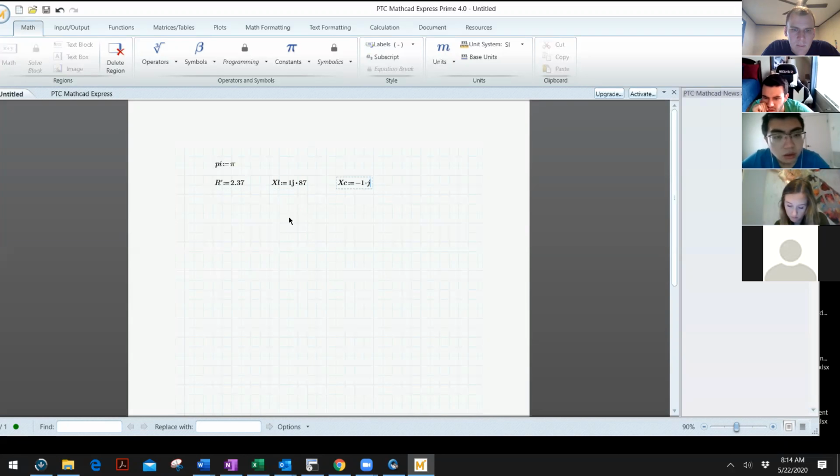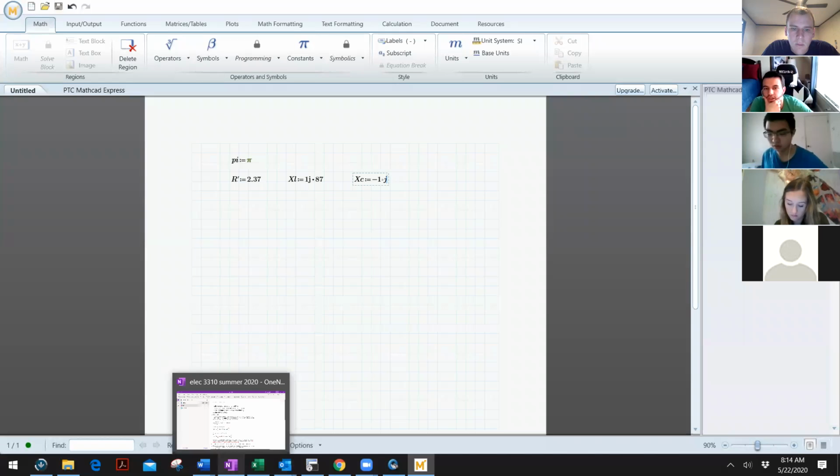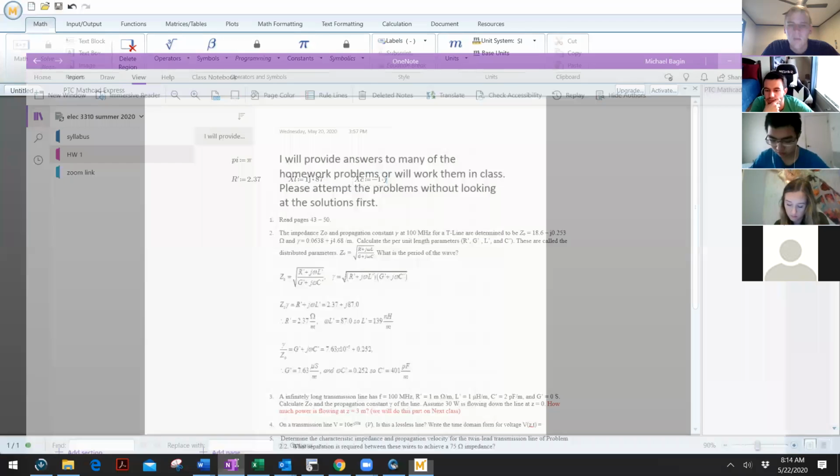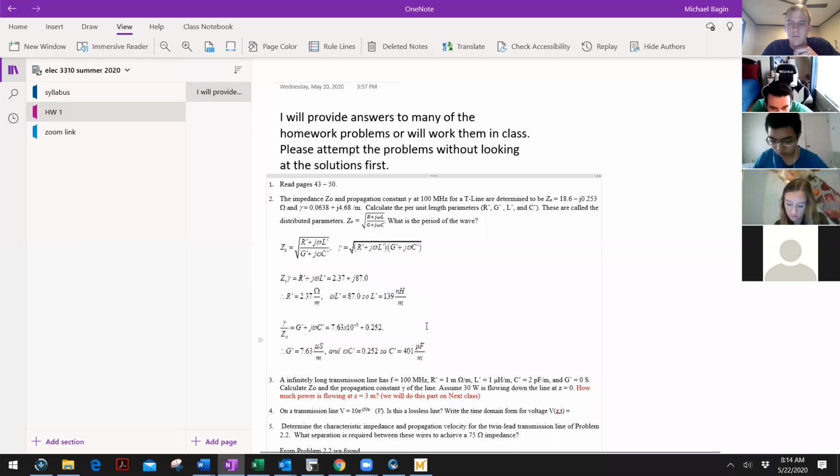XC, the capacitive reactance, it's going to have 1 over omega C equal to something. I see the omega C. I don't see the 1 over. Well, what is omega C? What the heck is it? 0.252.